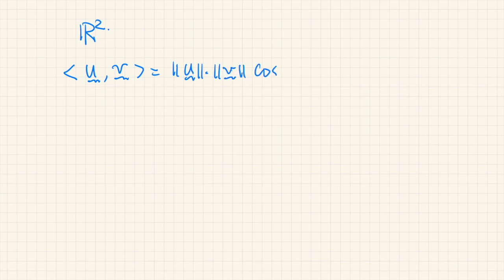So now we know that at least in two-dimensional space, the scalar product between two vectors is related to the angle between these two vectors. And we can prove a similar theorem for three-dimensional space, because at least in 3 dimensions, we can still visualize the angle between any two vectors, right?